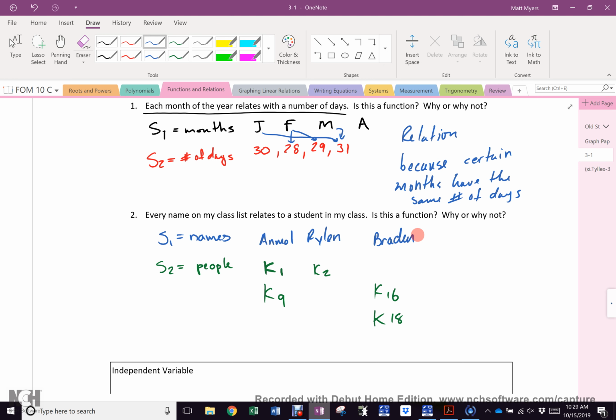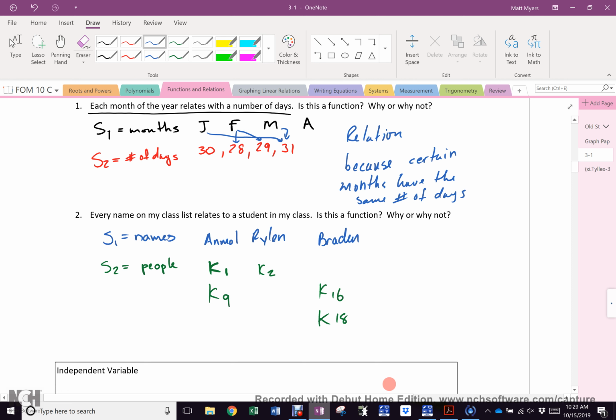All right, is everybody cool? So this one is a little tricky, right? So in our room, if we use first name, what is it? A relation. What if we use last name? It's a function. Everybody cool?